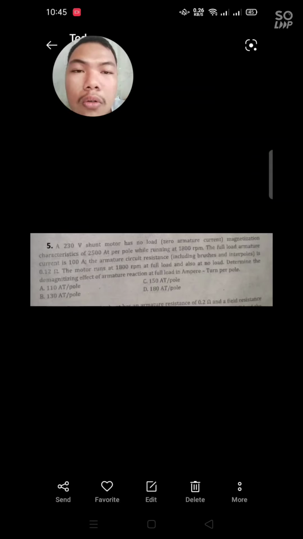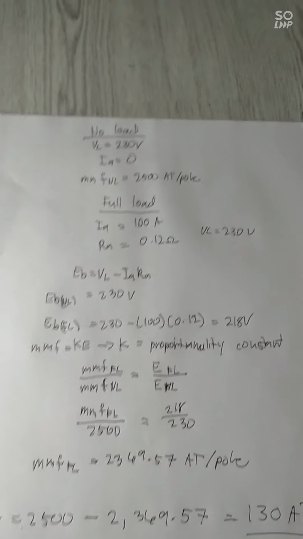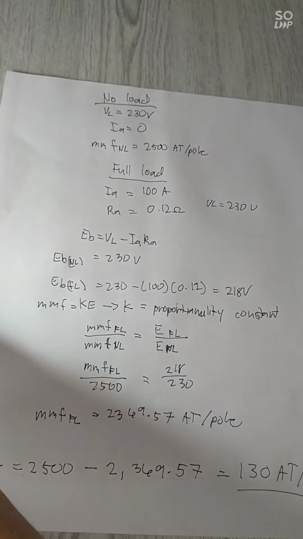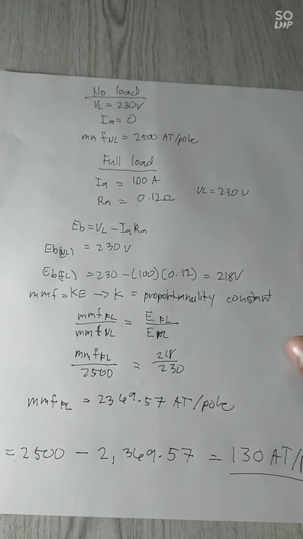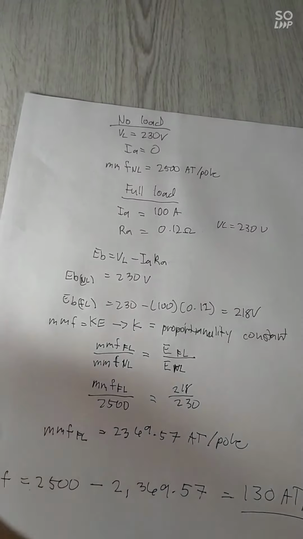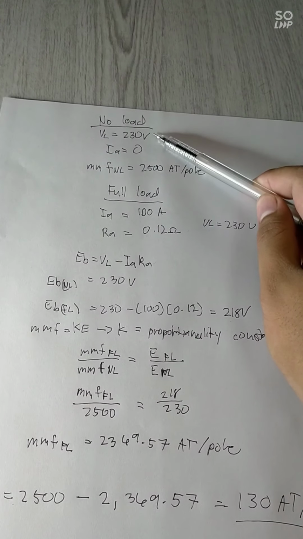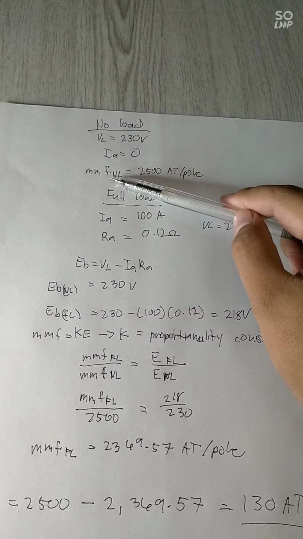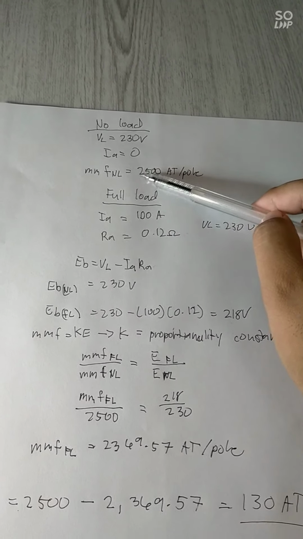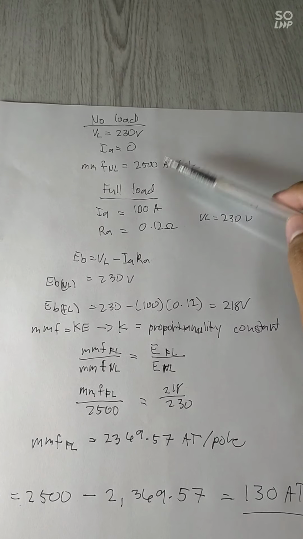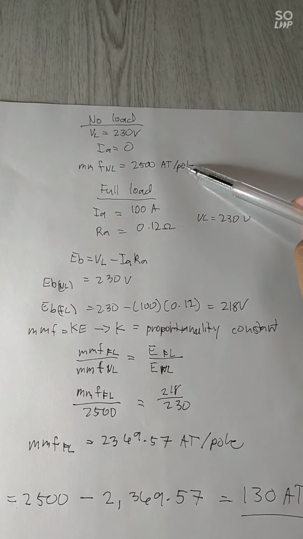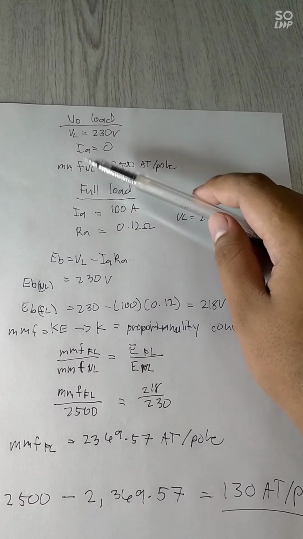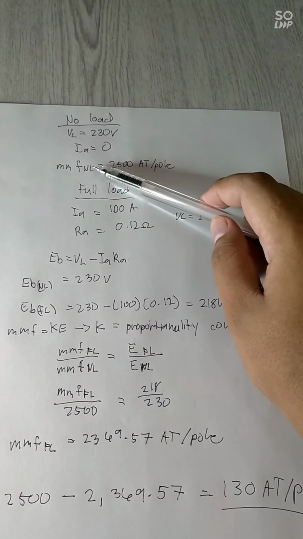So let's go solve this one. This is my solution. First, the values at no load: VL is 230, IA is 0, and MMF at no load equals 2500 ampere turns per pole. MMF means magnetomotive force.